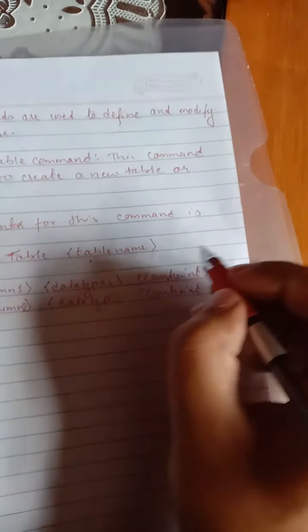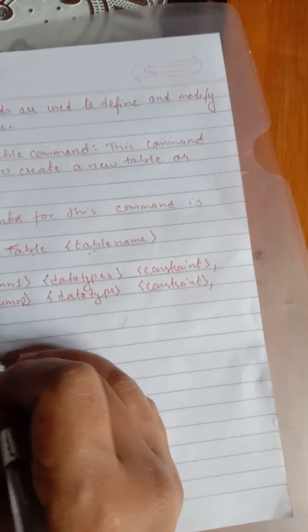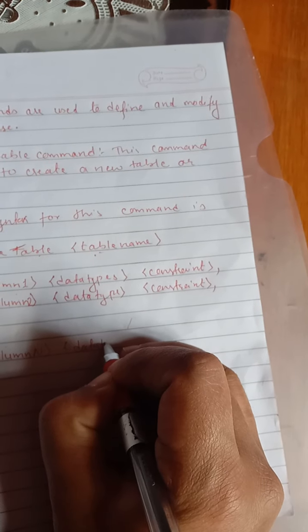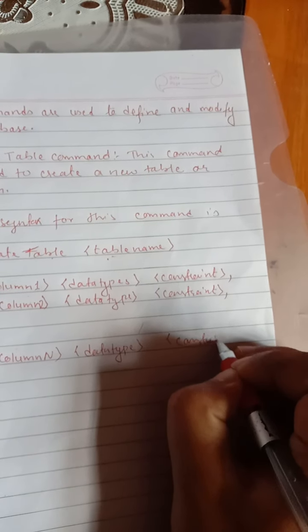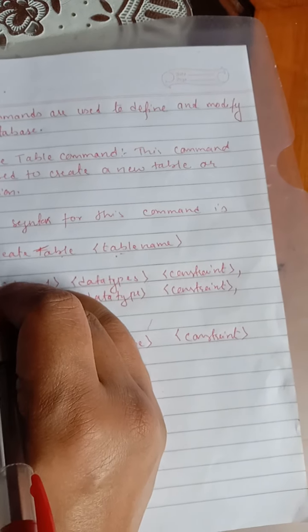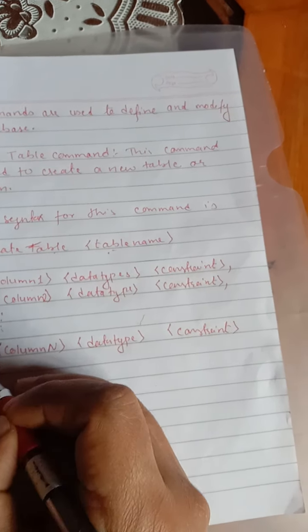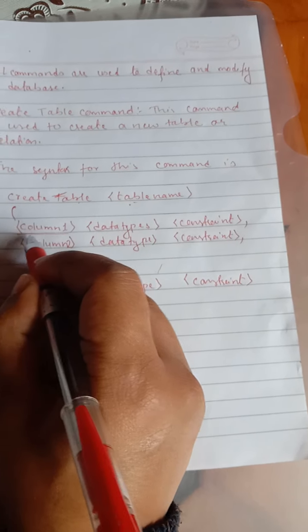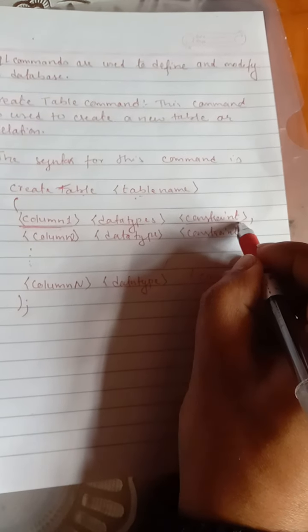Every column definition is separated with a comma. Then the opening bracket, closing bracket, and in the end we have to give a semicolon. The column name is a variable, or field, or attribute, followed by the data type and constraint.